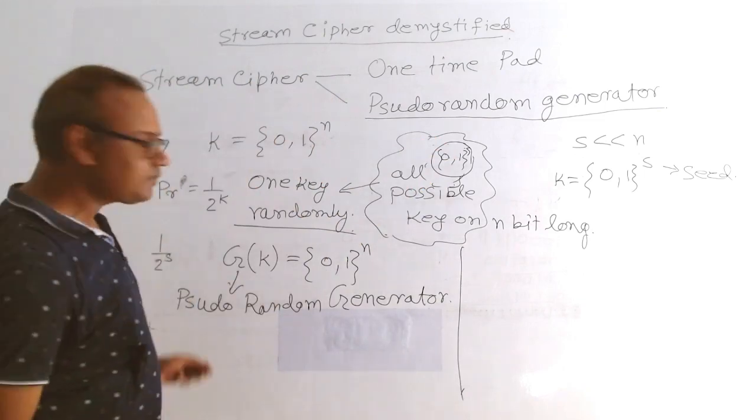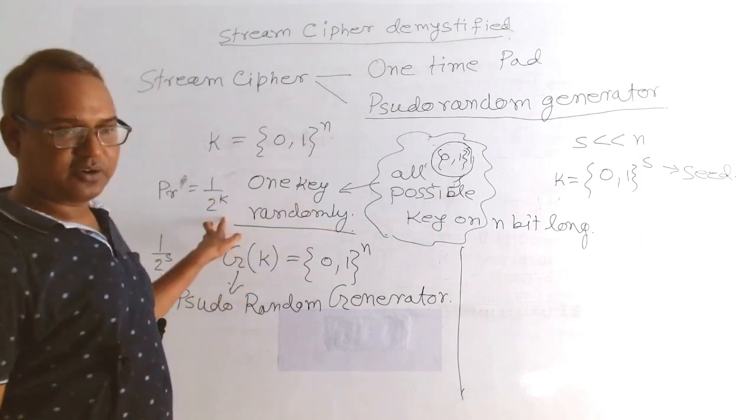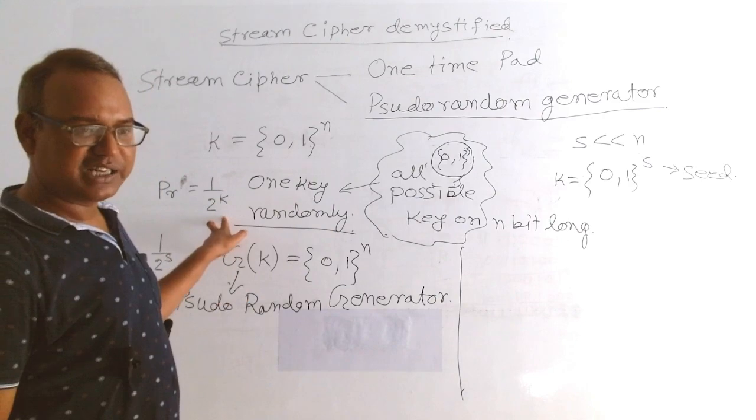Okay. Now we have to generate a key which will look like random. What does it mean, look like random?